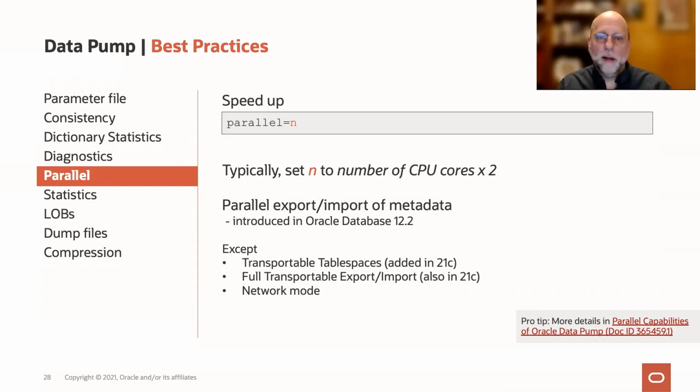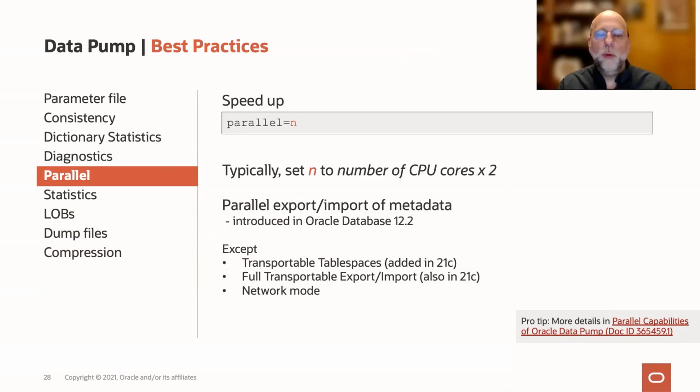On an Intel processor, CPU_COUNT is 2 times the number of CPU cores, but on SPARC Solaris, on PowerPC, I believe the hyperthreading factor is something like 8. So you're going to have to know your hardware in order to get the optimal parallel setting.